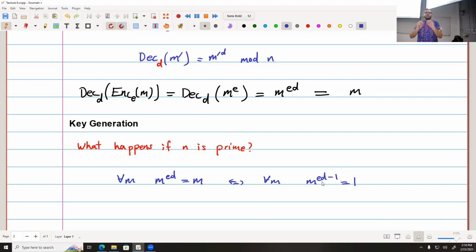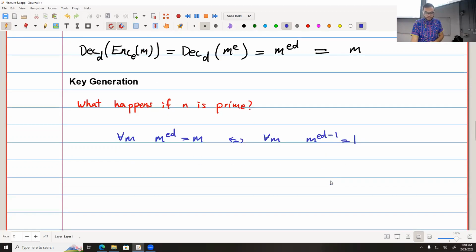Because I know that if I start with any number M and I raise it to the power of N minus 1, I get 1. So if I choose this power so that it's a multiple of N minus 1, I'm just going through that cycle that I was talking about several times, and then I would also get 1.